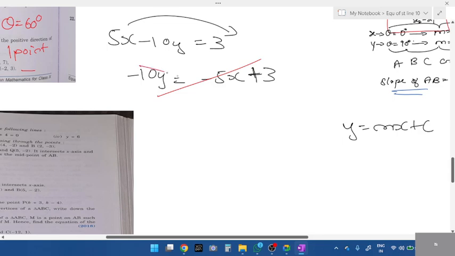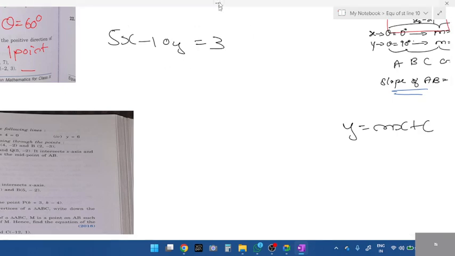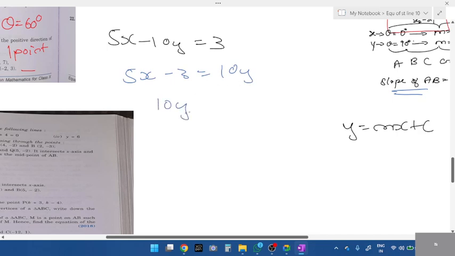Negative. Instead of doing it like this, let us try to make the alphabets positive. So which one shall we shift to the other side? Yes, we'll keep 5x and shift minus 3 this side: 10y is equal to 5x minus 3. This is how you'll have to think.